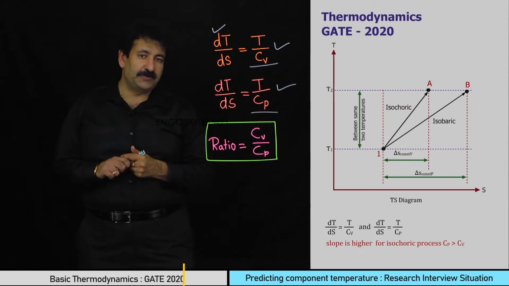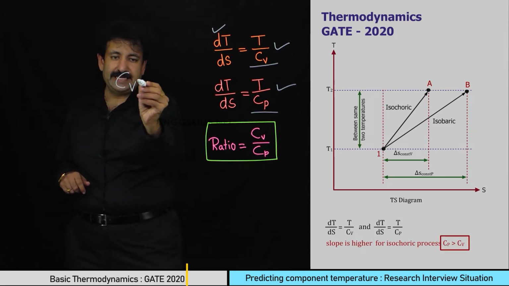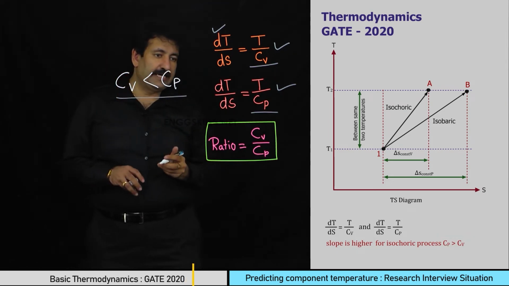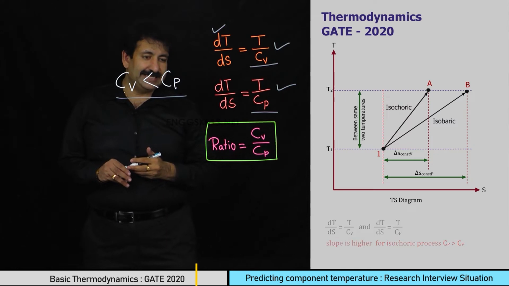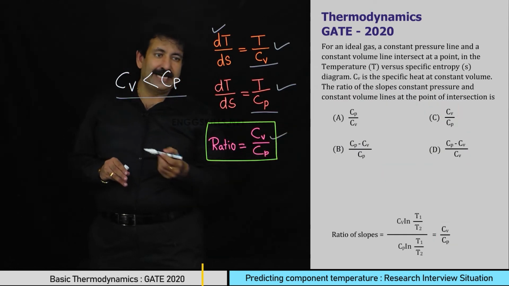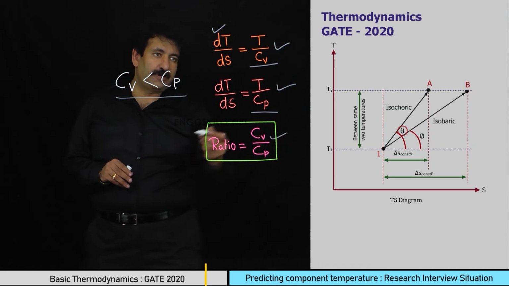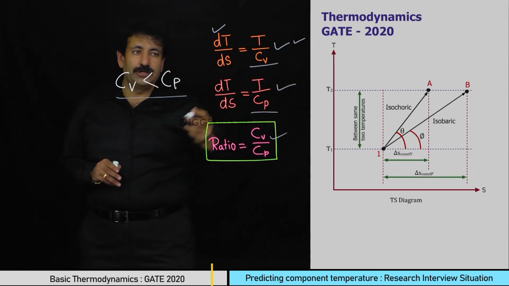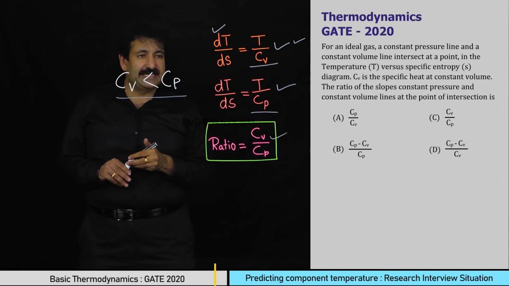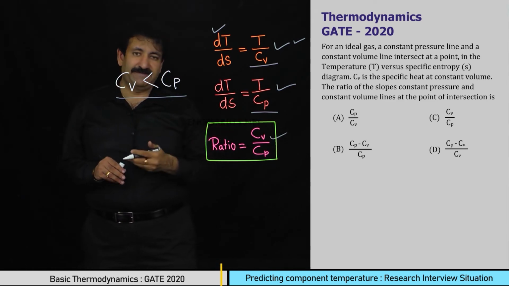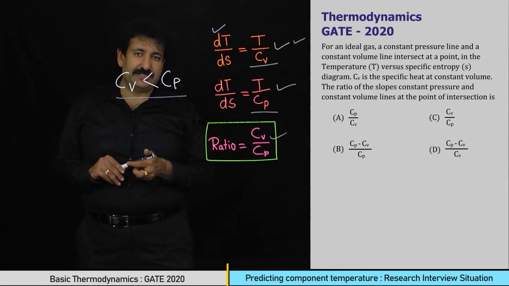And also we know that Cv is less than Cp, and therefore what one can conclude easily is the ratio of slopes is this, and also the slope for constant volume process is higher. So that was a very simple question based on standard information. Now let's move on to the research situation.